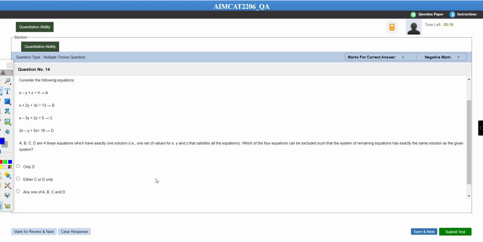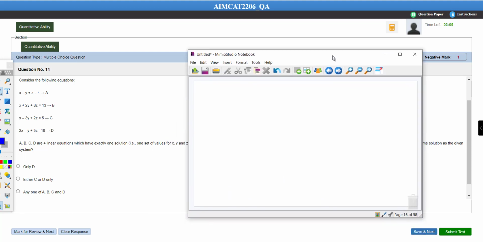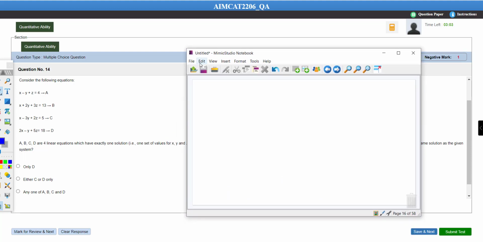Hold on, this looks like a tricky one. Let me write this. Hold on, we need to observe this. Let's see what we can get. Like, can we get one of the equations by using subtraction or addition or multiplication of other equations?